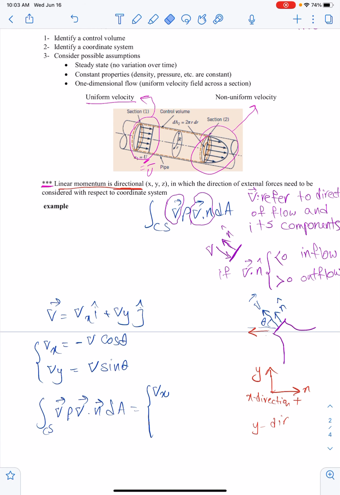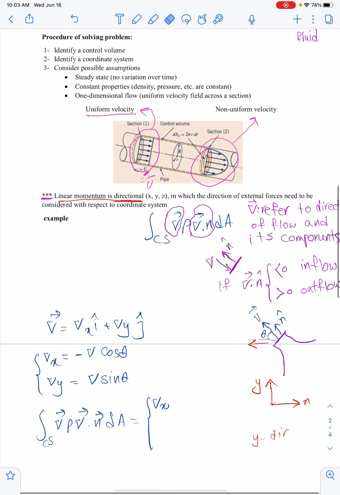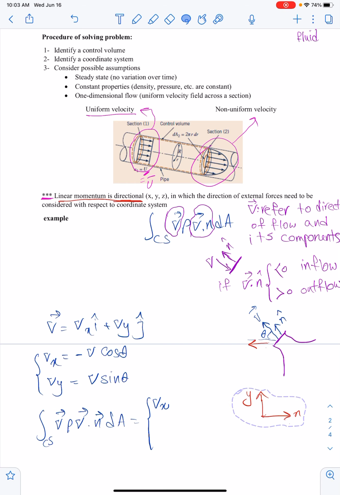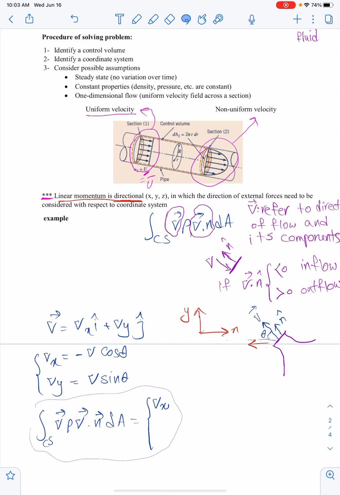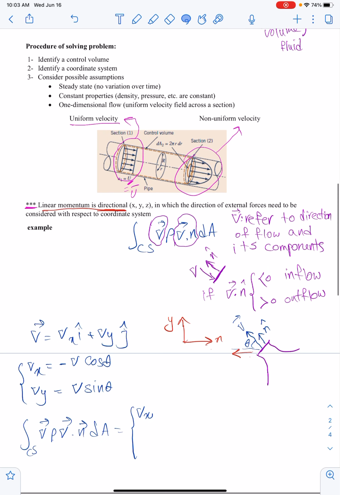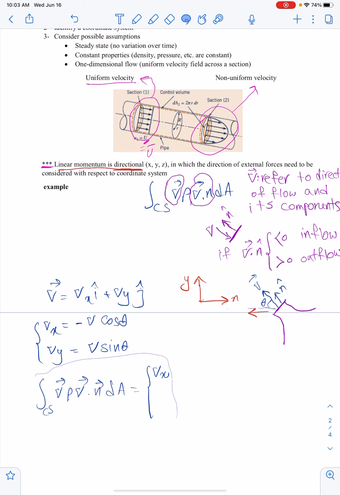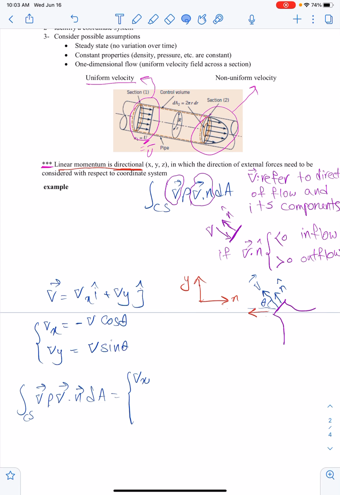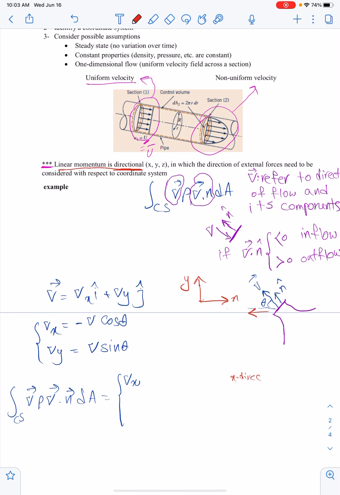Okay, let me just clean it a little bit. Let's put this coordinate system right here, and also bring it a little bit here. Now in the x direction, and in the y direction.